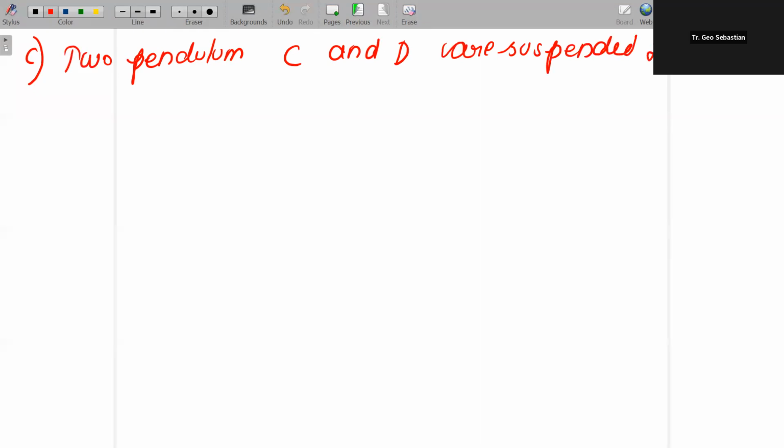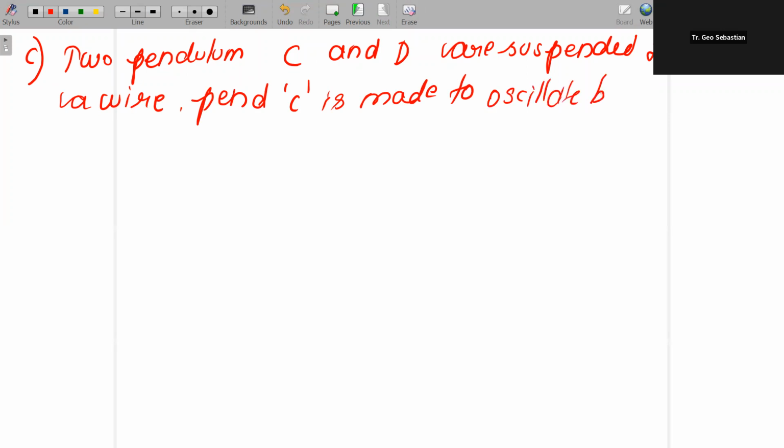Right. Two pendulums, C and D, are suspended from a wire. Pendulum C is made to oscillate by displacing it from its mean position.